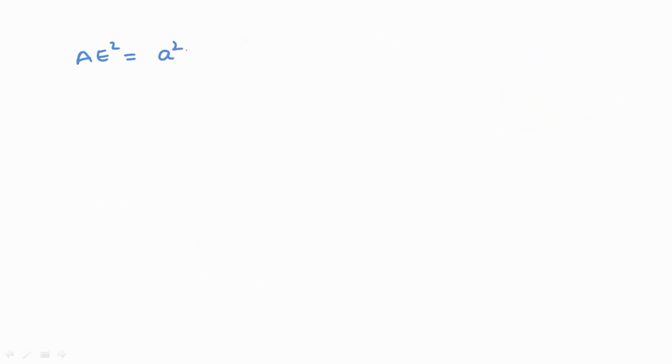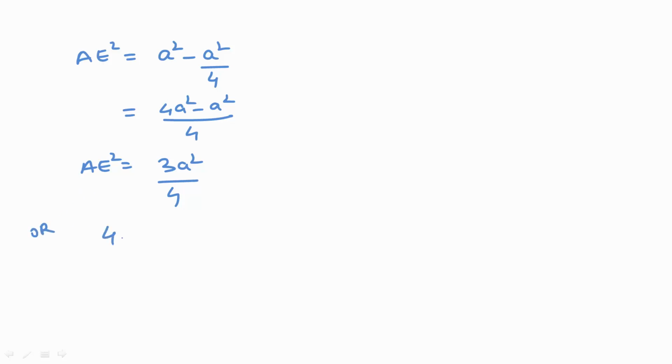Taking LCM, this will be equal to 4A square minus A square, so AE square is equal to 3A square by 4, or 4AE square is equal to 3A square.